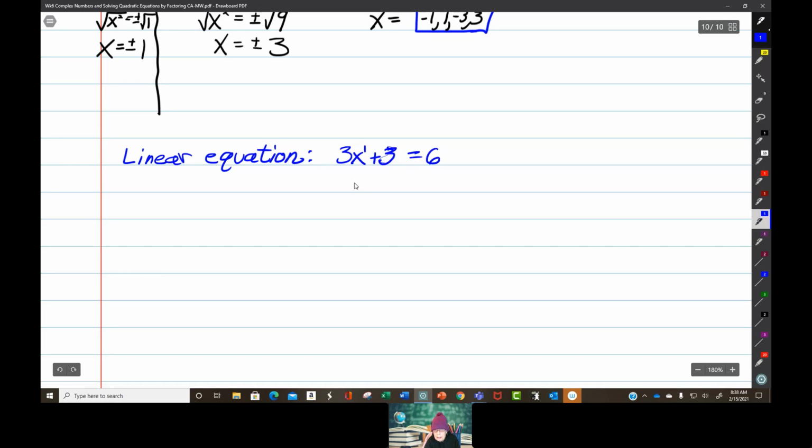Notice the highest power is 1. You're only going to have one answer. Subtract 3 from both sides, and you'll have 3x equals 3. Divide by 3, divide by 3. You'll have x equals 1.